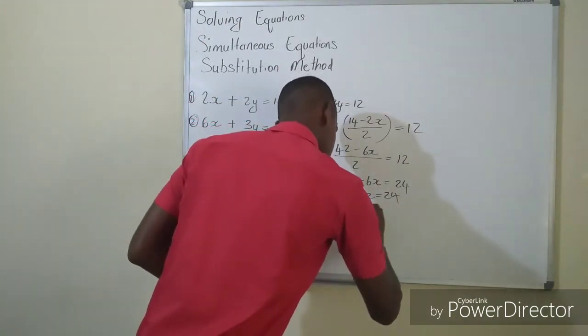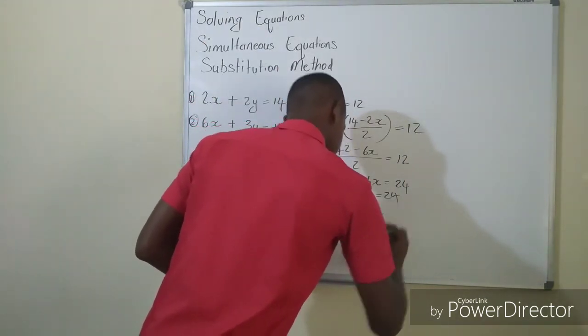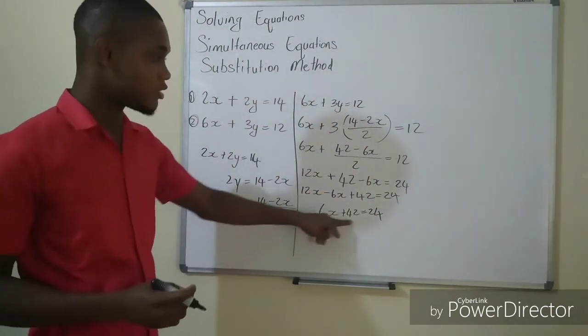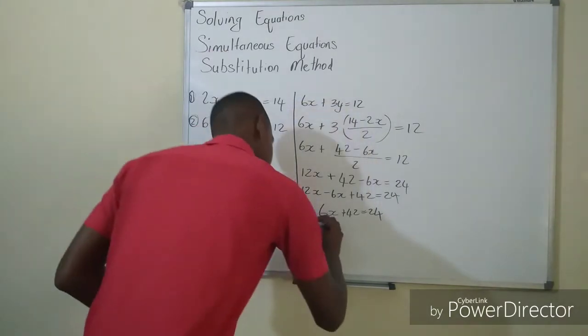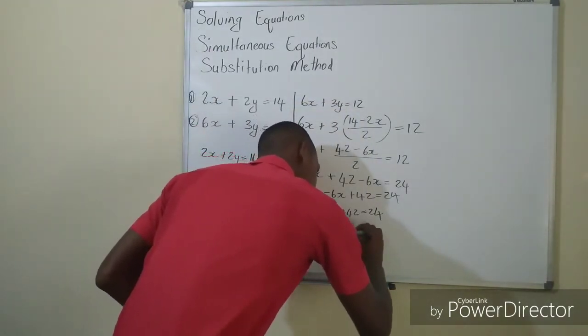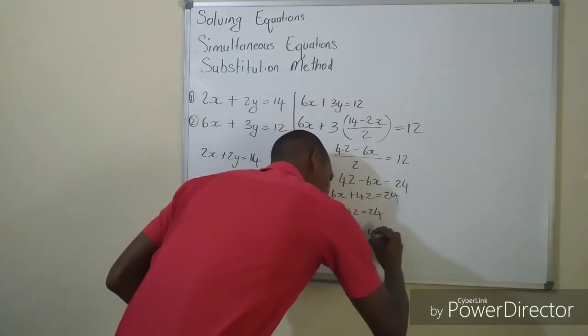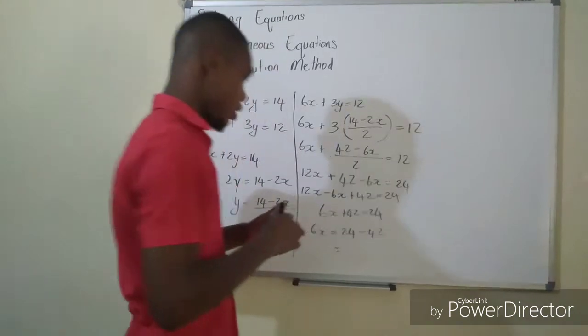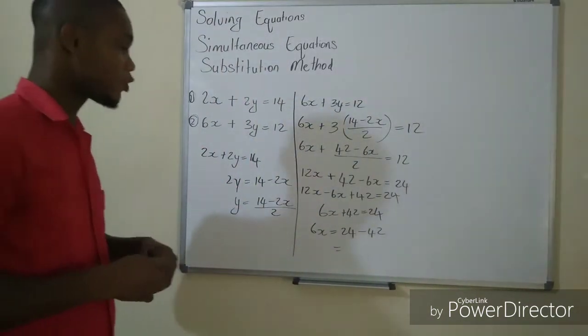plus 42 equals 24. You're trying to get the 6x by itself, so you will have to subtract 42 from both sides. So 6x equals 24 minus 42. Now, 24 minus 42, what?